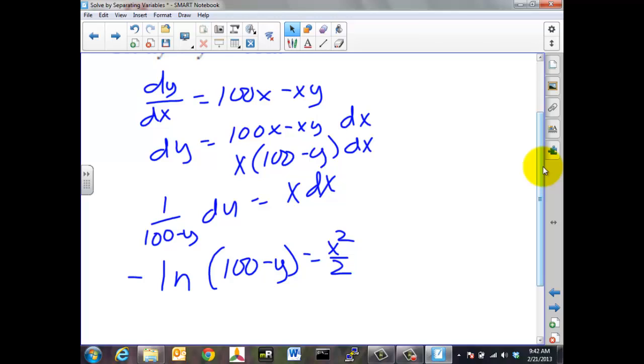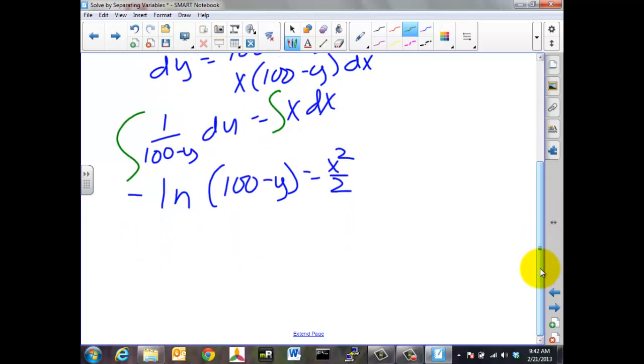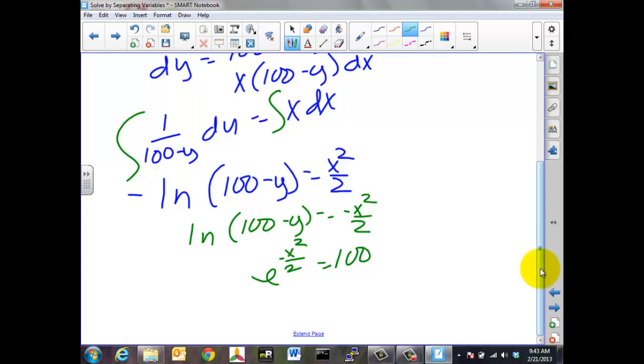I've done something wrong. I forgot to put 1 over that, because you've got to divide by the 100 minus y to get it to the other side. And then you introduce e's. Or we'll divide by negative 1 and make it ln of 100 minus y equals negative x squared over 2. So we get e to the negative x squared over 2 equals 100 minus y.